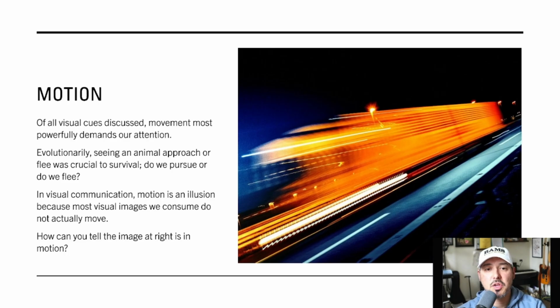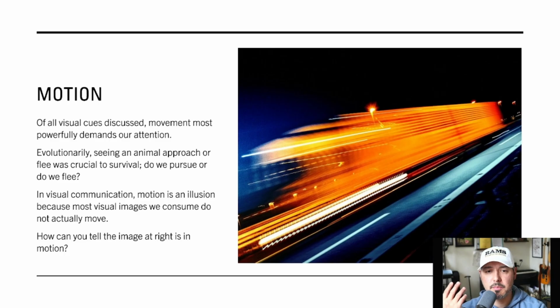In this case, you can see the way that the exposure was done on the camera to show these streaking orangish lines. You can perceive that this, I believe it was a semi-truck or something of that nature, is moving quickly. So blur lines are one way to convey motion in a two-dimensional static image.